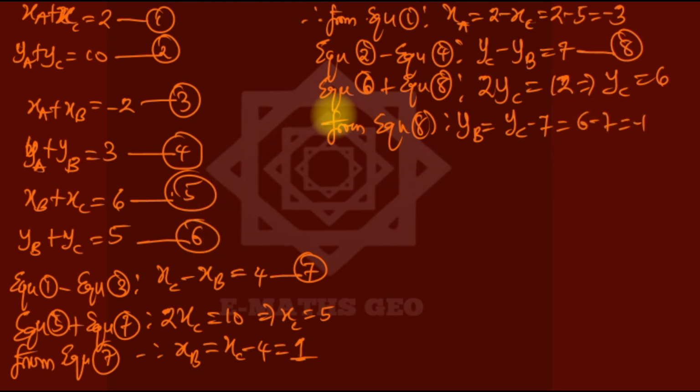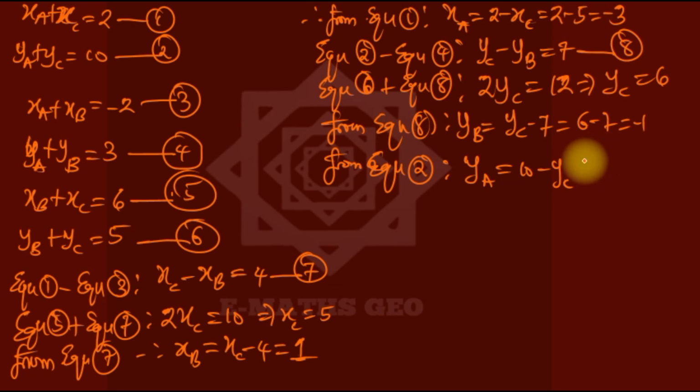We'll now go back to get our YA. From equation 2, we see that YA is 10 minus YC, which is 10 minus 6, that is 4. So we've gotten everything.